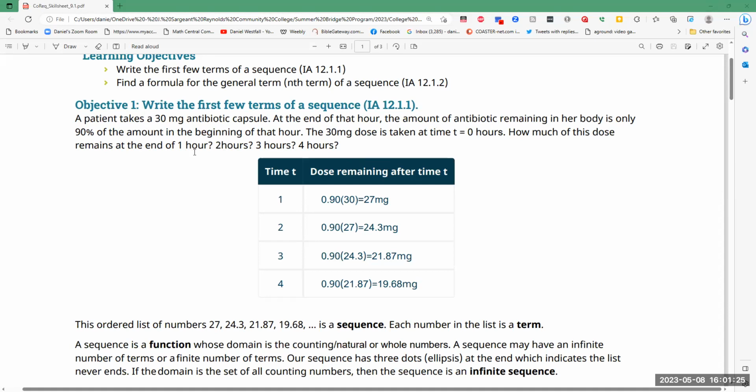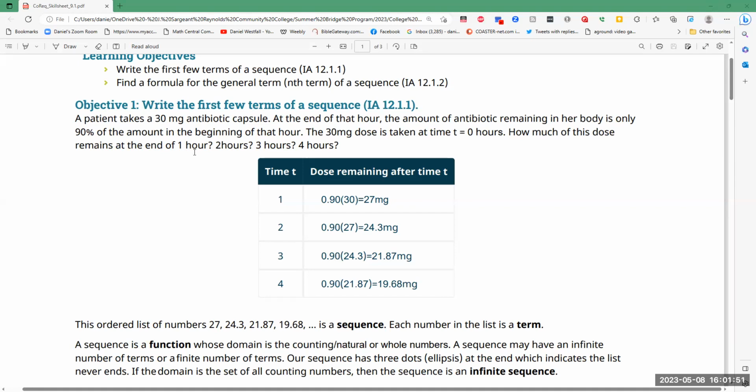So the amount at the end of the hour is 90% of whatever it was at the beginning of the hour. So if we had 30 milligrams at the beginning of the hour at t equals 0, then at t equals 1 at the end of the hour, we'd have 90% of that, or 27 milligrams. Then at the end of that hour that started with 27 milligrams, we'd be left with 24.3 milligrams.